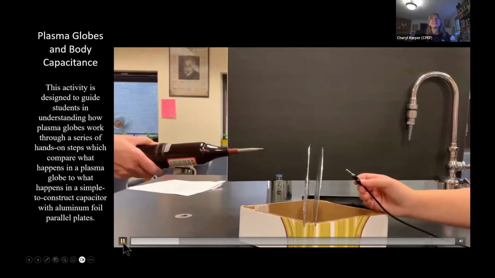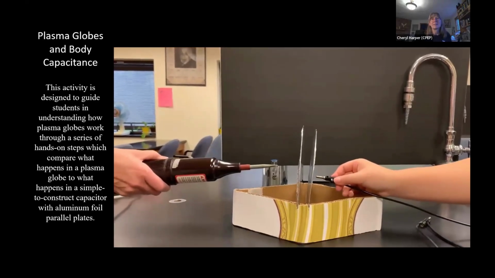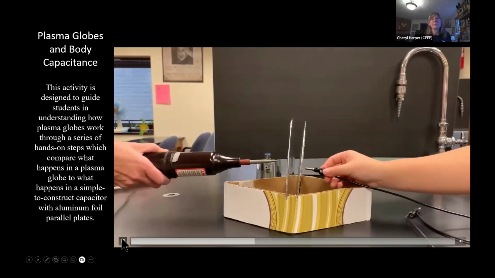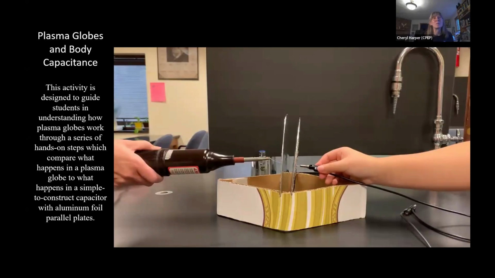And I'm going to bring the Tesla coil to one place on the left side. I know that it's hard to hear on this one because of the noise from the Tesla coil. But when you bring it to this side, you'll notice there's a spark over here and it's building up a charge on this plate, which is pushing away the electrons on this plate, and you can see the spark right over here, but there's not a spark interior to that.